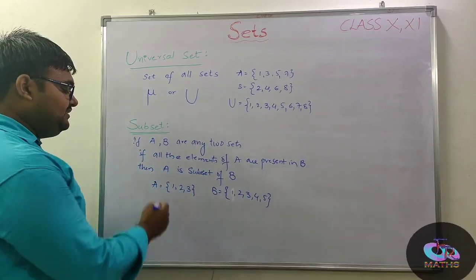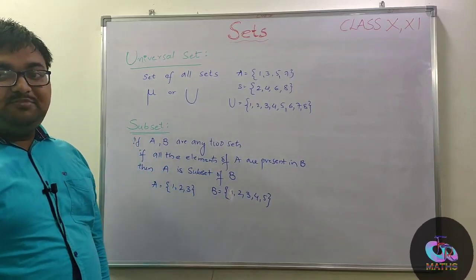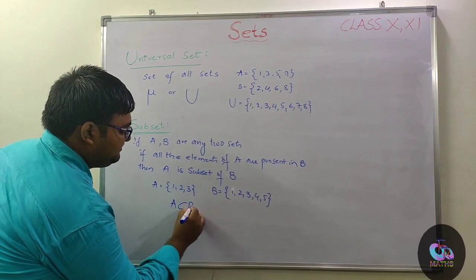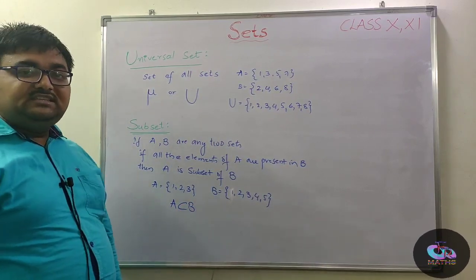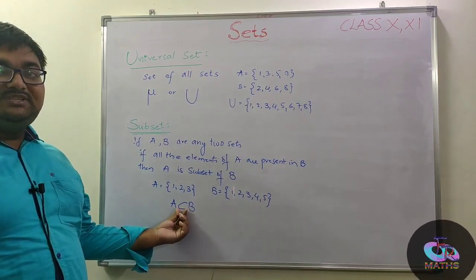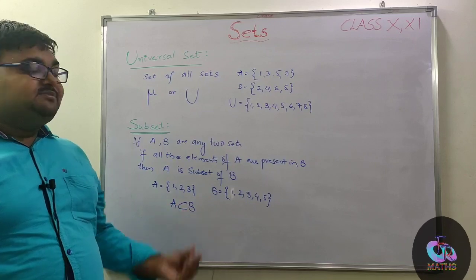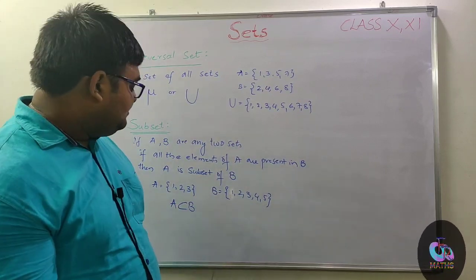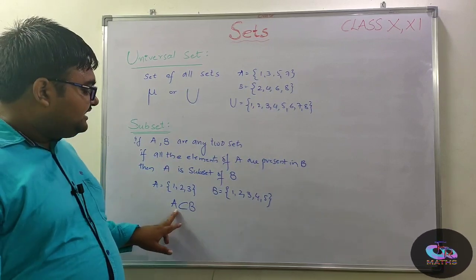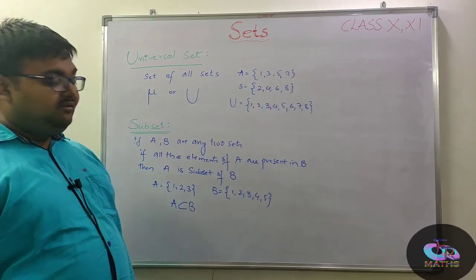Then we say that A is a subset of B, and it is represented in this particular way. This is the symbol for subset, right? This is the symbolic representation for A is a subset of B.